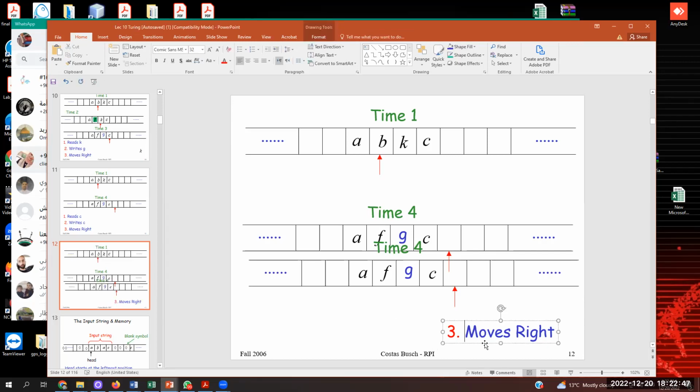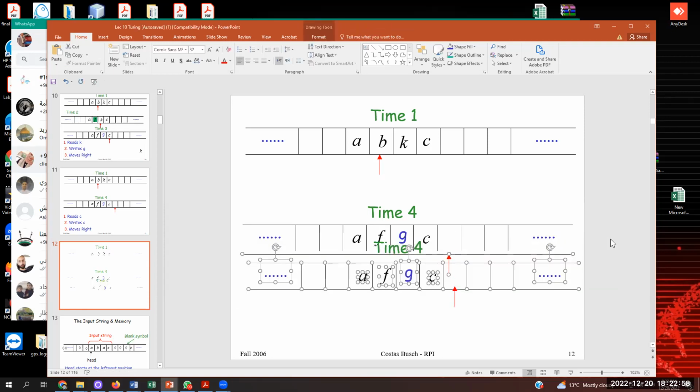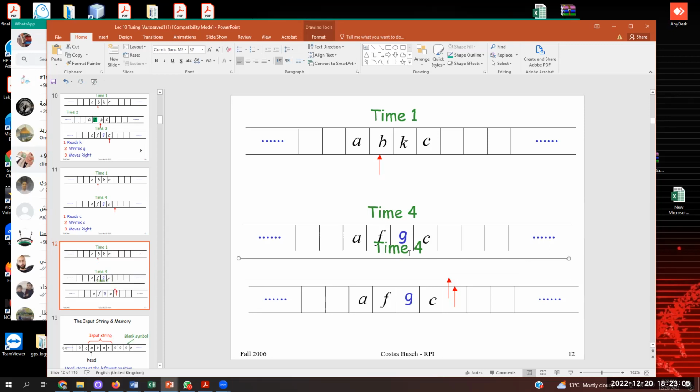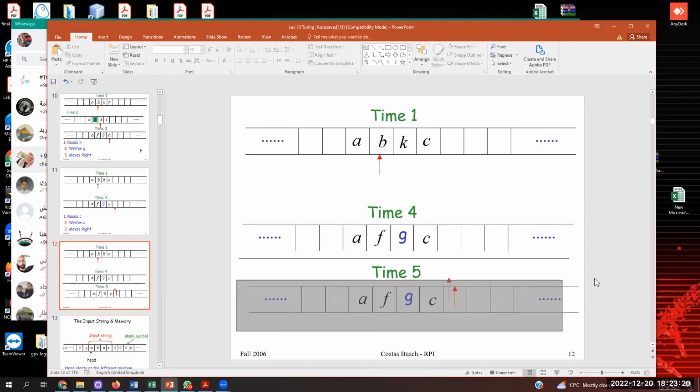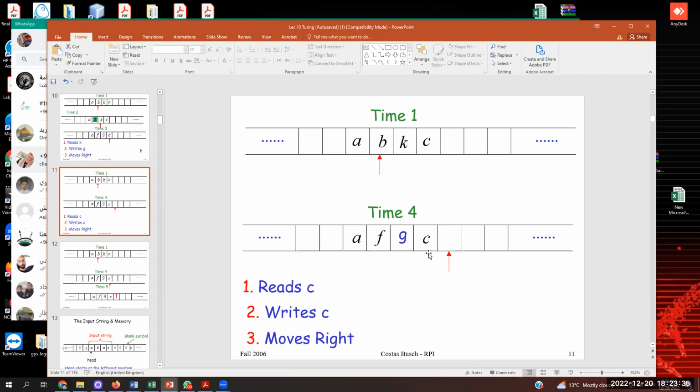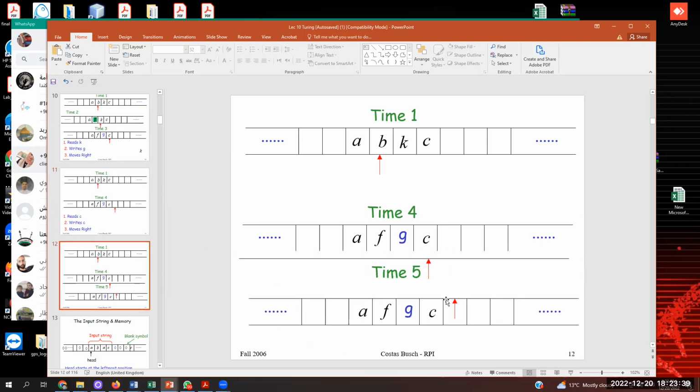Now I want to do time 5. So at time 4, I wrote C and my pointer was here.